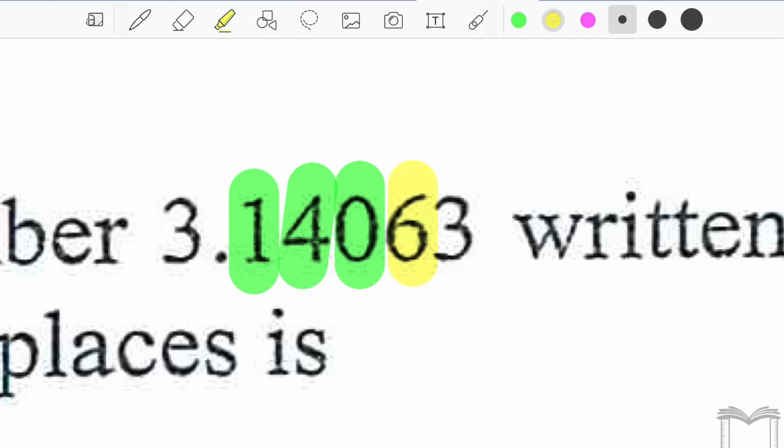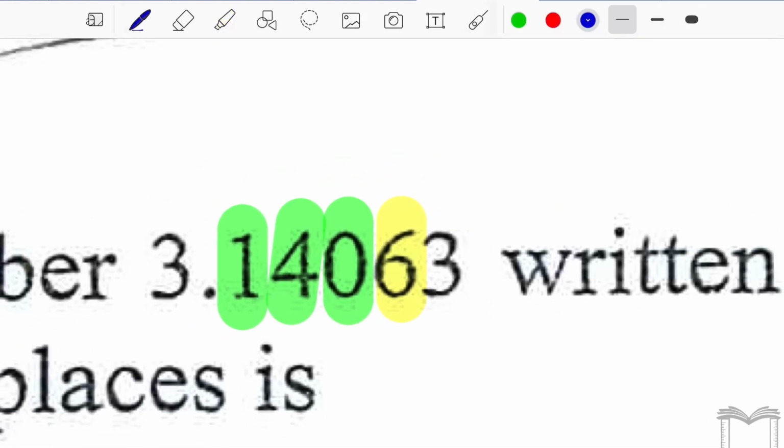We check to see if that number is more than 4, meaning 5, 6, etc., or if it's less than 5. If it's more than 4, as in this case, we must add 1 to the number that we are rounding off to, which is the 3rd number, which is a 0. So we must add 1 to that 0.